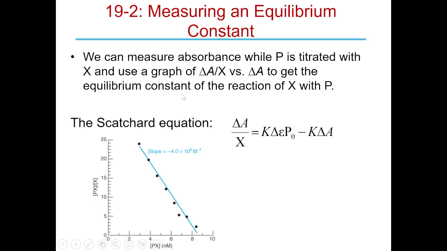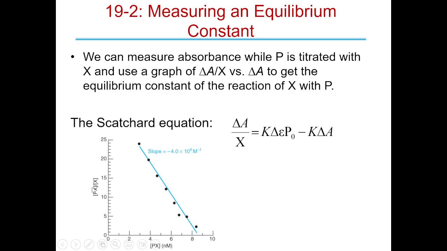This will get us the equilibrium constant of the reaction of X with P, which is what we're looking for, how well that binds, right? This is the equation that matches up with this Scatchard plot right here.